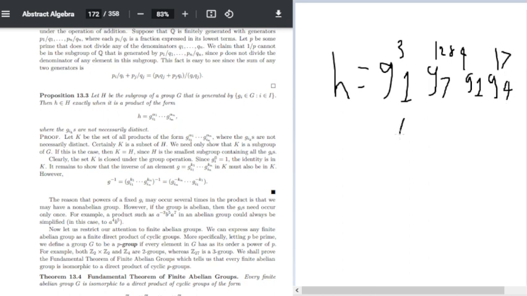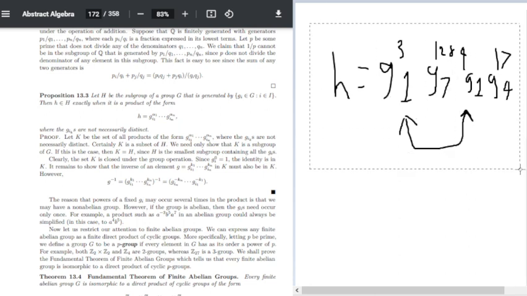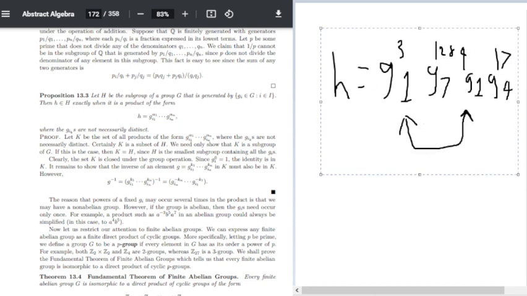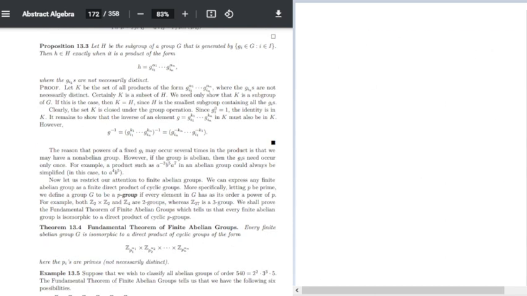So note here that these are not necessarily distinct, but we restrict ourselves to a finite number of them. We need the case where these are not necessarily distinct for the non-abelian case, because the non-abelian case complicates things a lot. Proof.